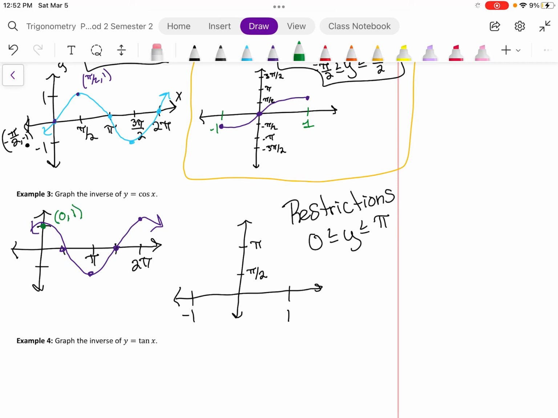On our inverse, that's going to become 1, 0. Our next point is pi over 2, 0. So we're going to go 0, pi over 2. And our last point is pi, -1. So on our inverse, we would go -1, pi.